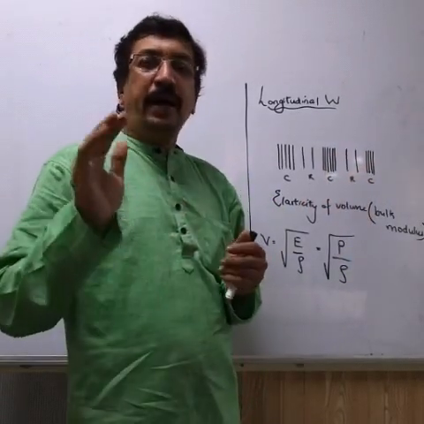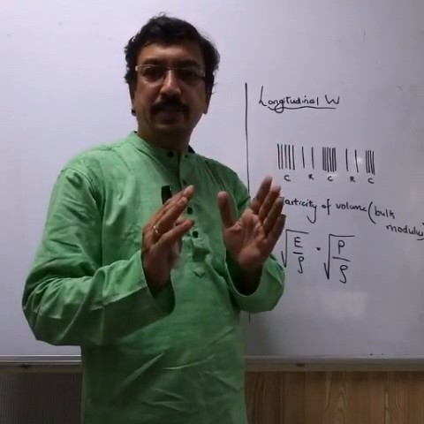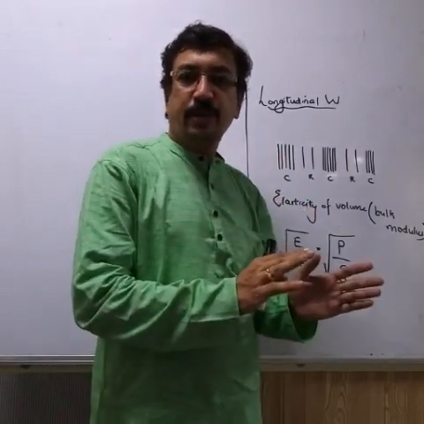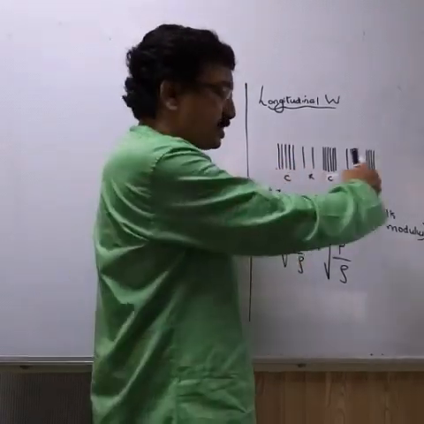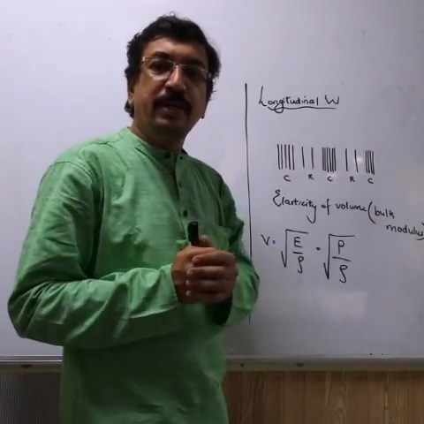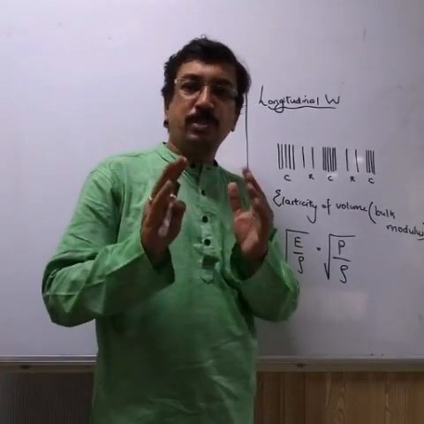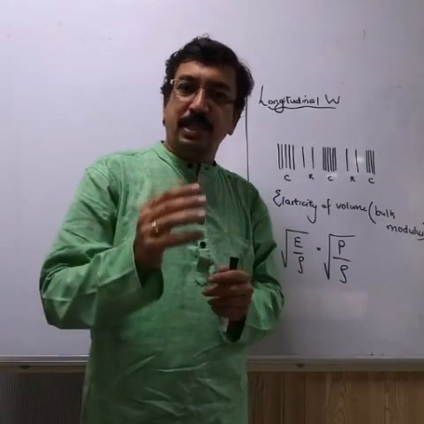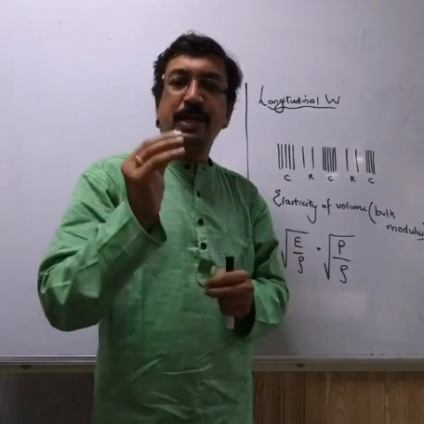And since the total temperature remains constant, he considered that this process of formation of longitudinal waves is an isothermal process. Isothermal process means the process in which the overall temperature remains constant. That is called isothermal.